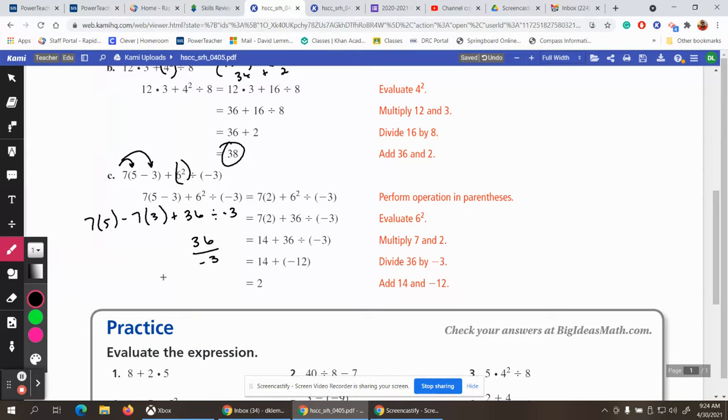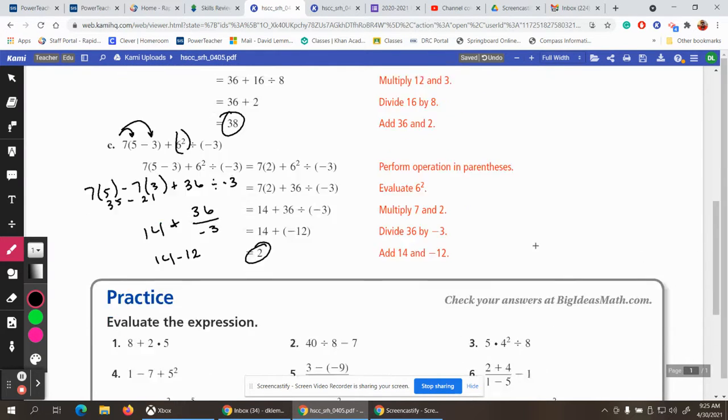So this is 35 minus 21, which is 14. So 14 minus 36 divided by 3, 14 minus 12 is 2.